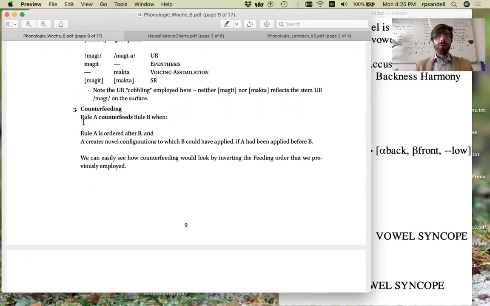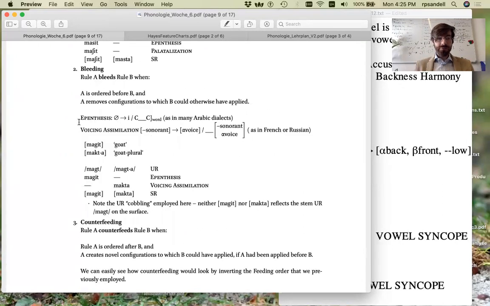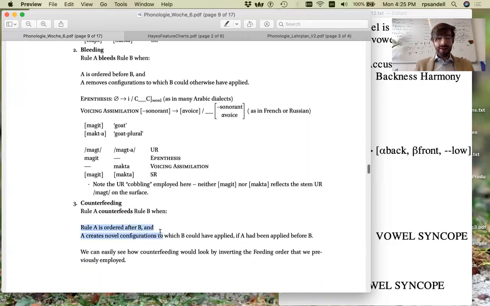Here we say that rule A counterfeeds rule B if rule A occurs after rule B. So this is different than bleeding and feeding, where we are saying that rule A applies before rule B. And if rule A occurs after rule B, and rule A has the potential to create new environments to which B could have applied, if A had applied before B.